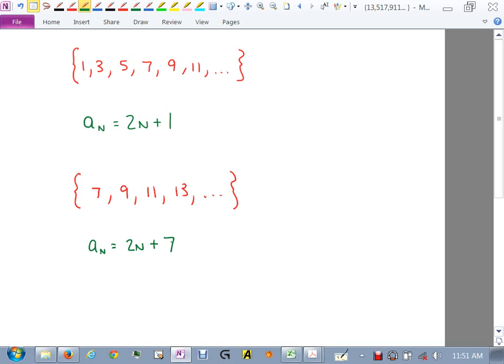Does that work? Plug in 0 first, what do you get? 7. Plug in 1, what do you get? 9. Plug in 2, what do you get? 11. Right?